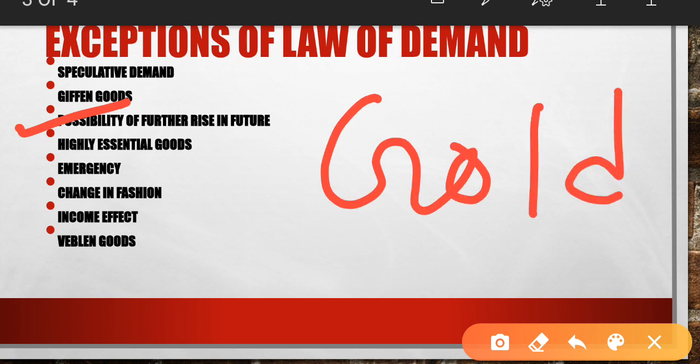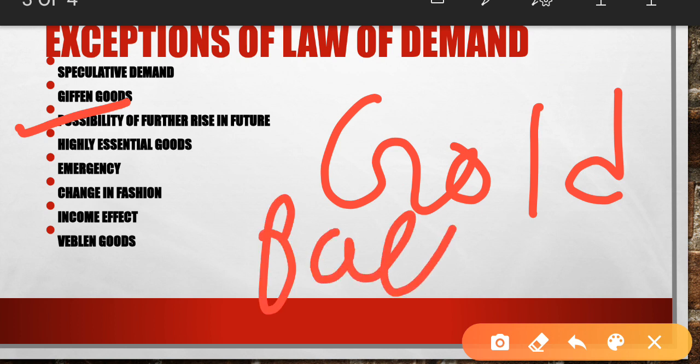Generally, when the price of gold falls, what do we do? We try to wait, because we believe that it will fall further, right?